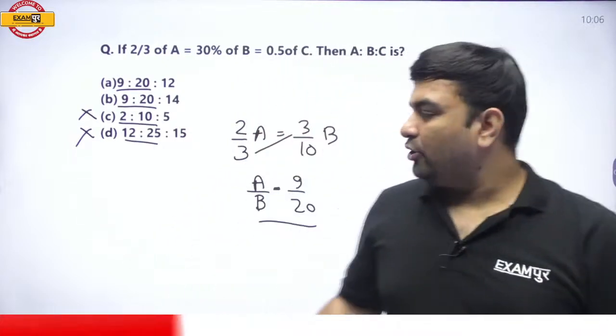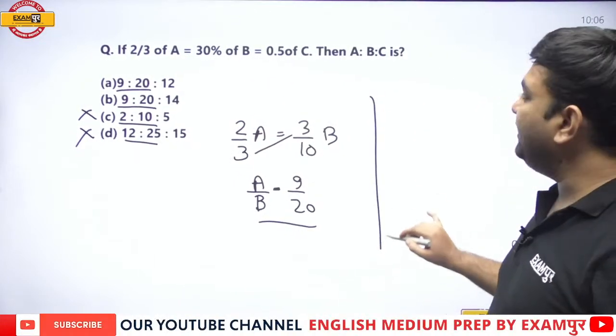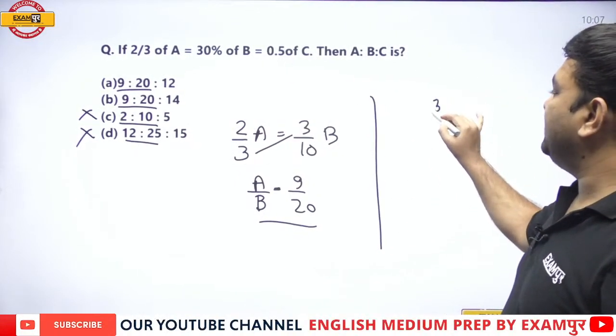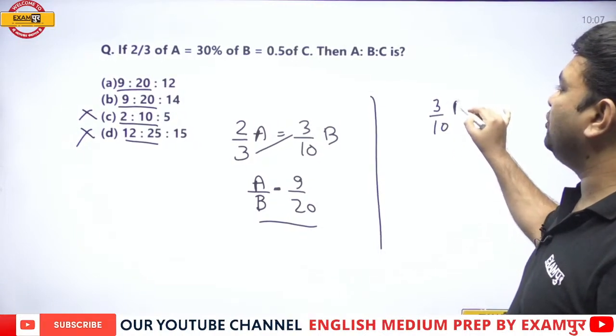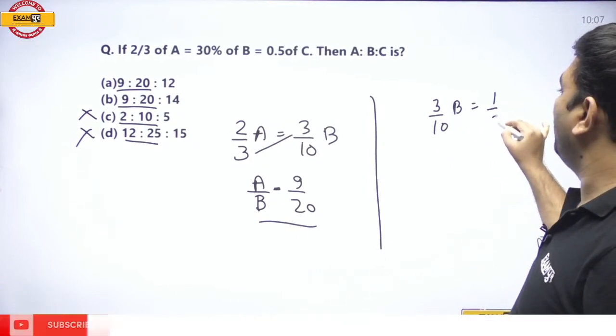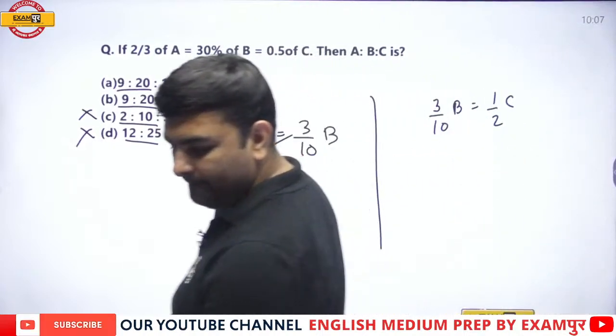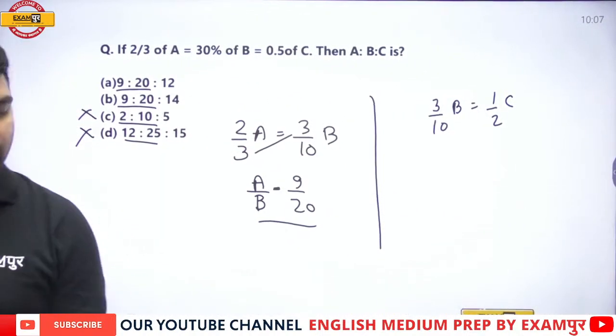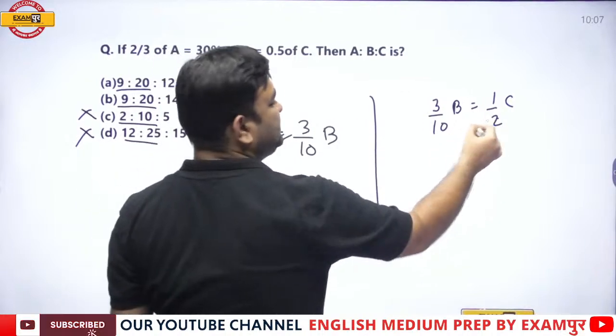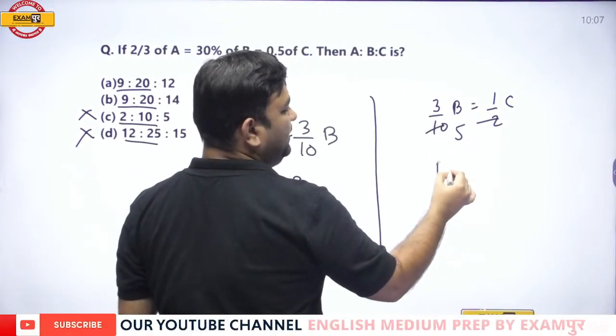Now let's see the second equation. 30% means 3 by 10 of B is equal to 0.5, which is 1 by 2 of C. So B by C comes out to be 5 by 3.